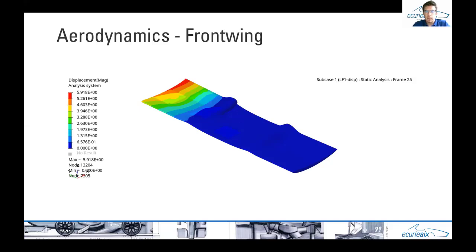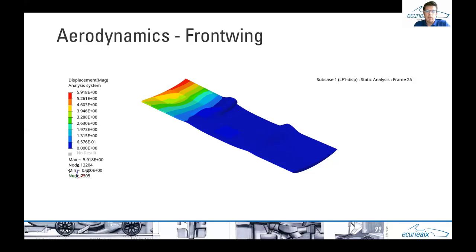And after every simulation, we can see if it makes sense to add some more layers of carbon, maybe some UD stripes to support the structure, and/or some different inner structures. In this way, we did many simulations for every part to get the best layup for our structures.